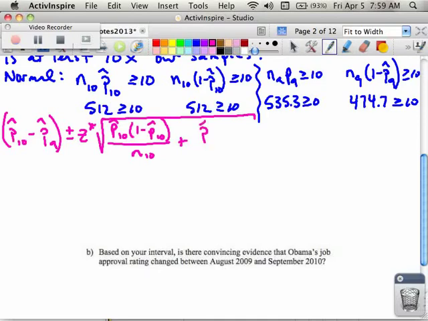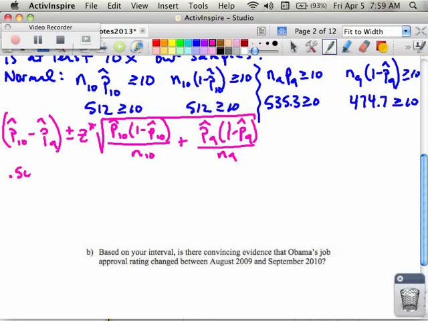So you have p hat of 9 times 1 minus p hat of 9 over the sample size for 9.